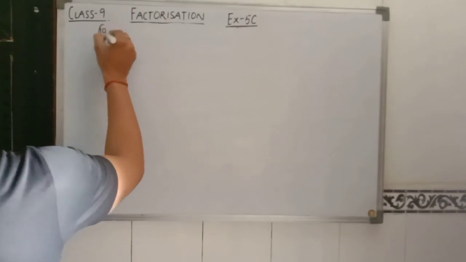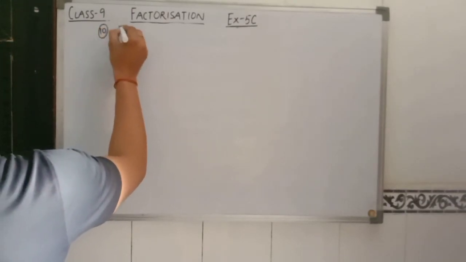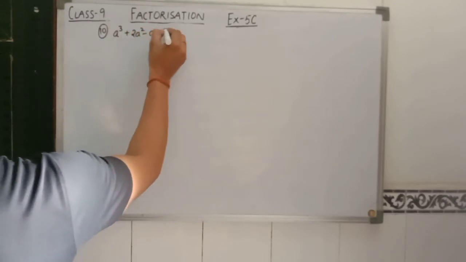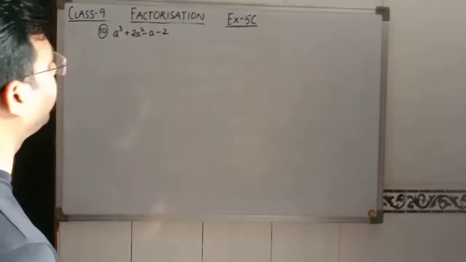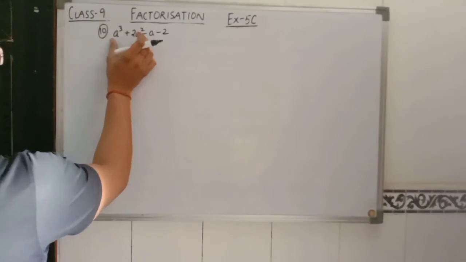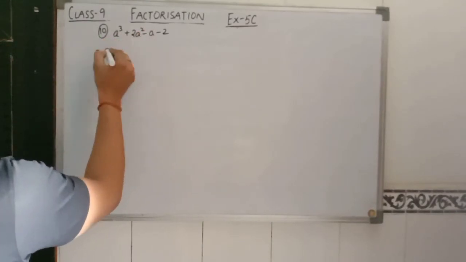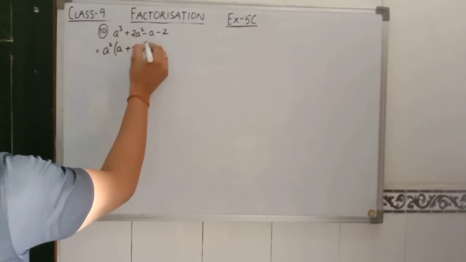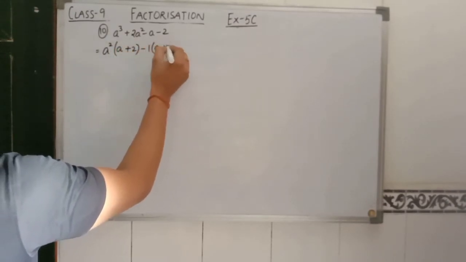Question number 10. It is saying a cube plus 2a square minus a minus 2. Now observe this question. In the first two terms, we can take a square as common. So a plus 2, and after the last two terms, minus 1, so a plus 2.